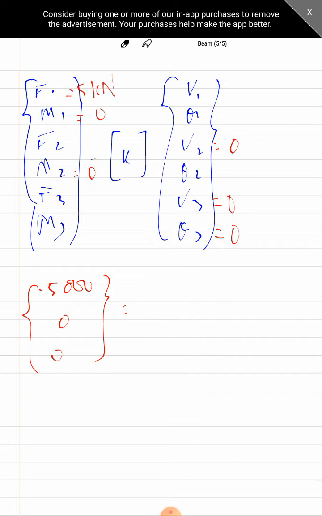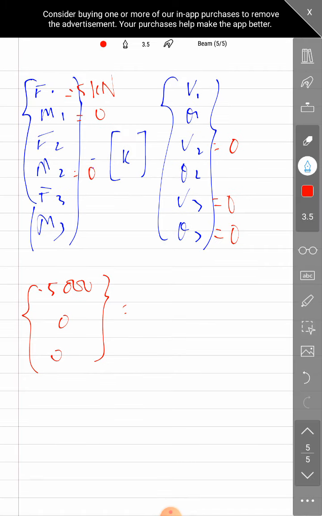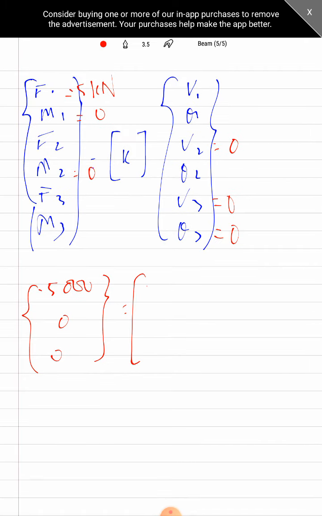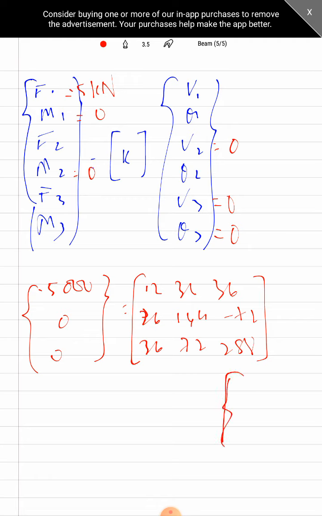Your K now is 12, 36, 36, 36, 144, negative 72, 36, 72, and 288. Okay, so this is your K, and your U is V1, theta 1, and theta 2.